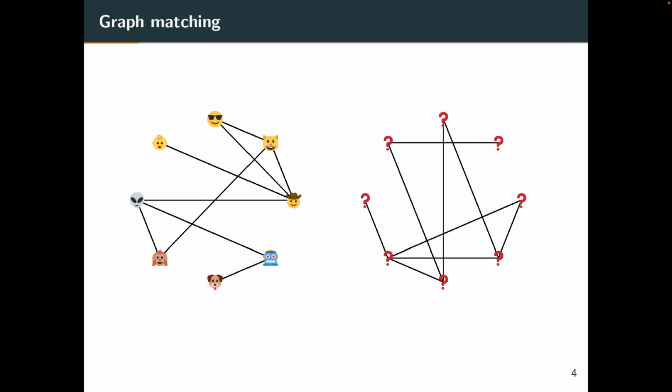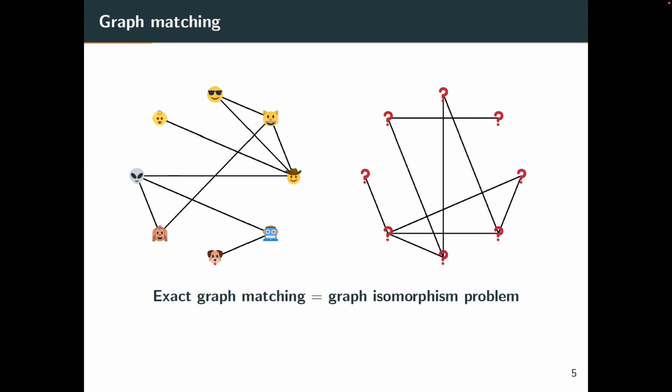For example, some of the vertices can be matched according to the degree. So, for example, we have a vertex with degree 1 and the degree 1 here. So basically, the only two options are this and this, and that's going to reduce the difficulty of the problem a little bit. But yeah, that's the very basic idea of this problem.